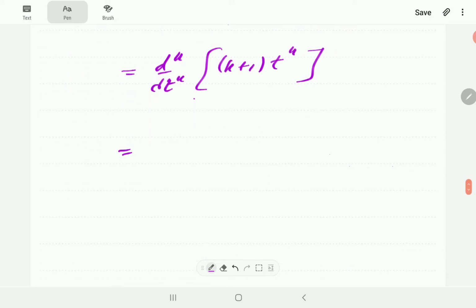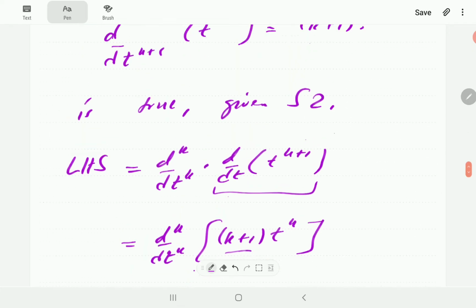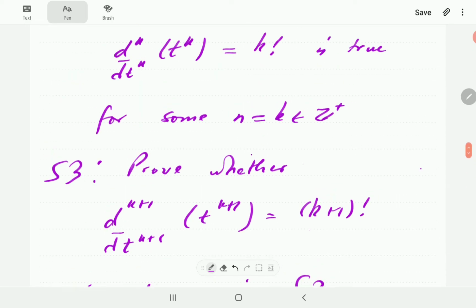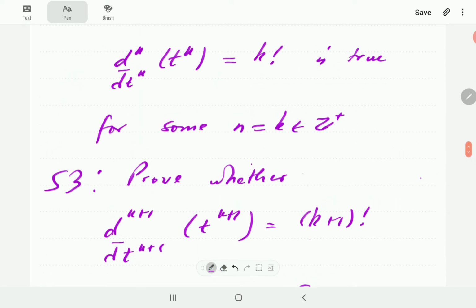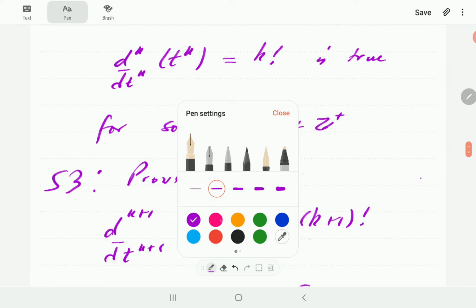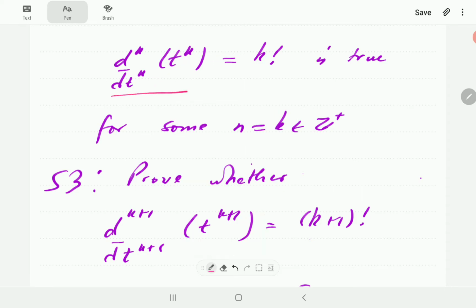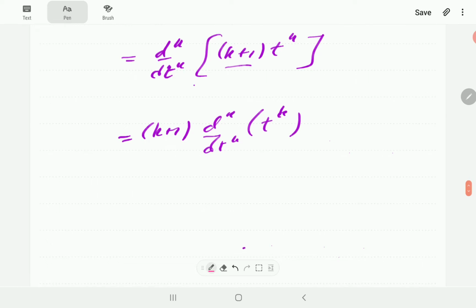Then the next thing we're going to do is factor out the k plus 1. So then we're going to get the kth order derivative of t to the power k. But this is exactly the same as what we have in step 2. And in step 2, we have assumed this is equal to k factorial.